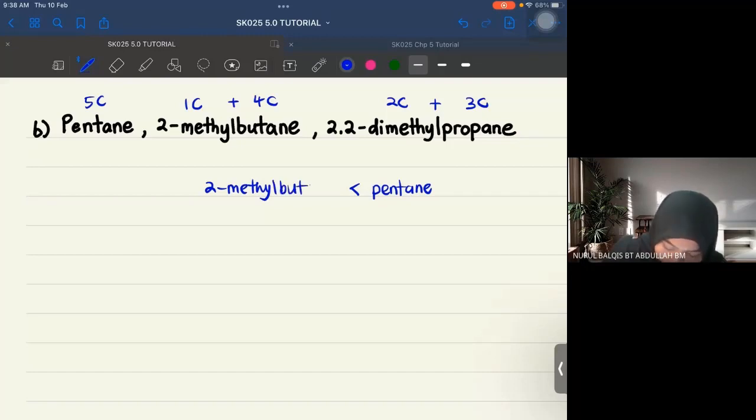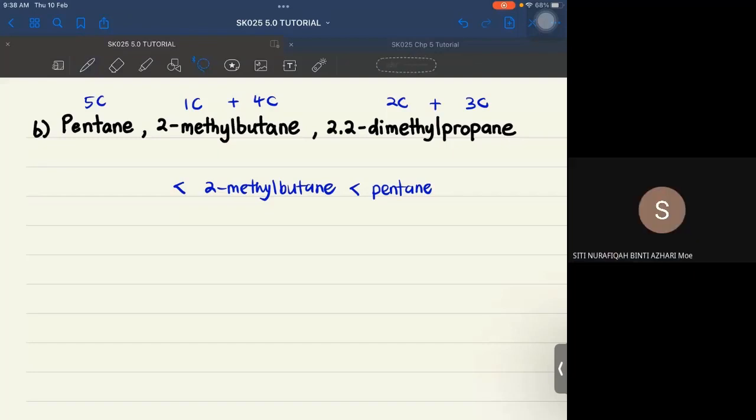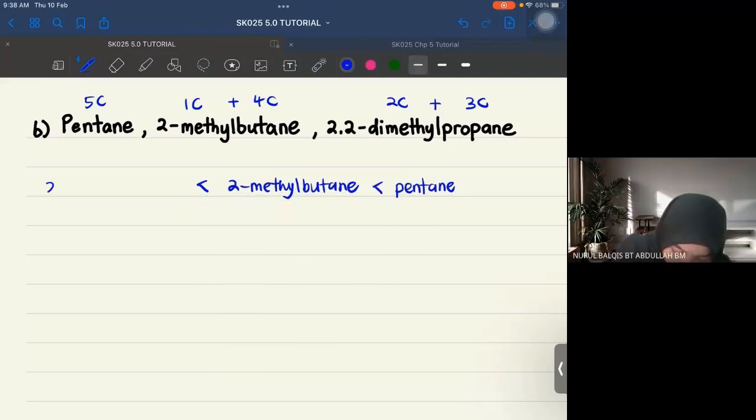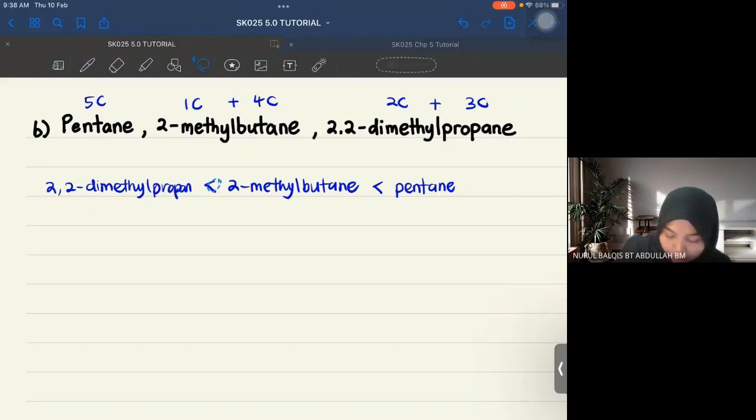So we have 2-methyl-butane followed by 2,2-dimethylpropane. Okay, now. Kita nampak sekarang ni, pentane, dia ada straight chain sahaja, is it?